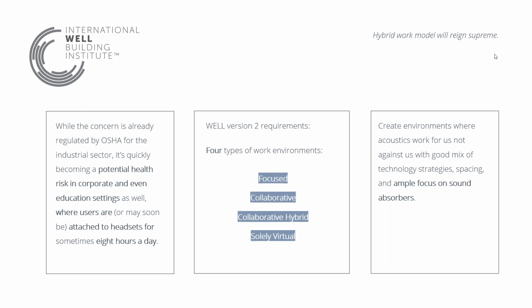Collaborative, like conference rooms, open spaces, things like that. Collaborative hybrid, where we're discussing something with someone on your computer, or a conference room with some people on the screen as well. And then there's also solely virtual.